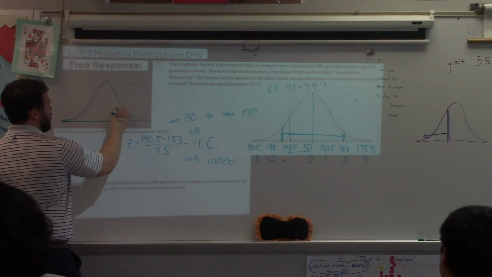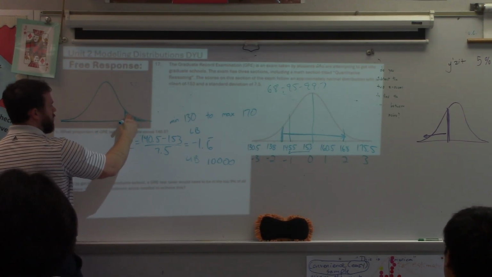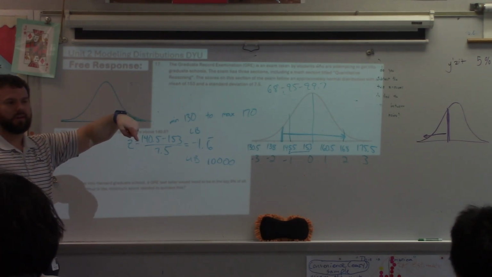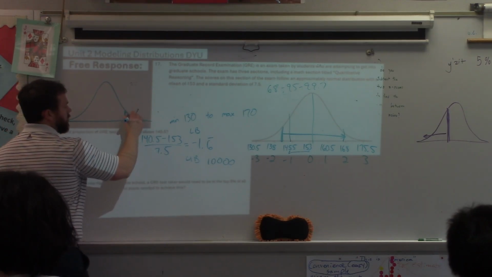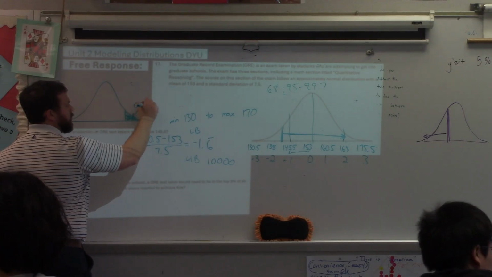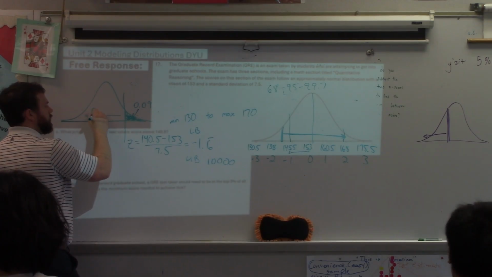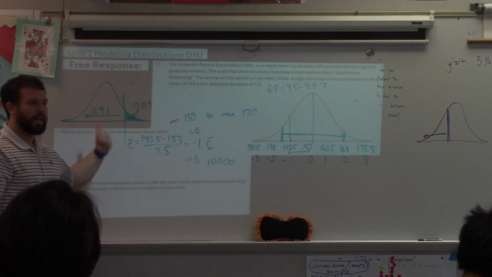And then part D, top 9%. Once again, what am I gonna do? Draw. Top 9%, that's up here. And what am I instantly thinking of when I see that 9%? Inverse. I see an area, 9%. What do I actually need to put into the calculator? 0.91. Right, so inverse normal with that area.